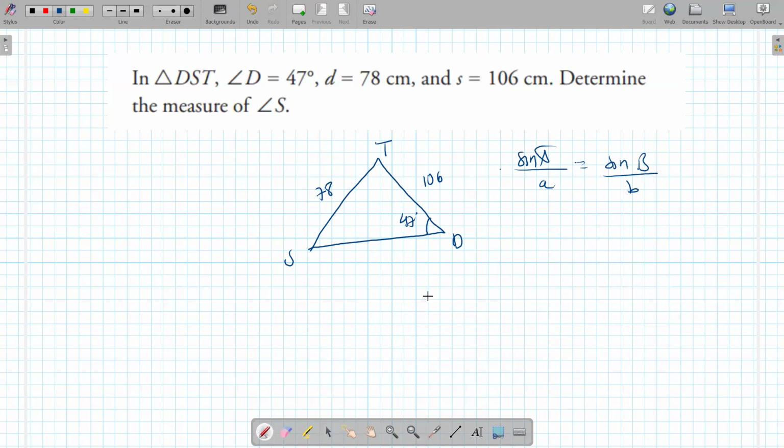So now let's plug things in. On the left side, we're going to do the things that we don't know. So sine A, we're looking for angle S. So it's going to be sine of angle S divided by what?